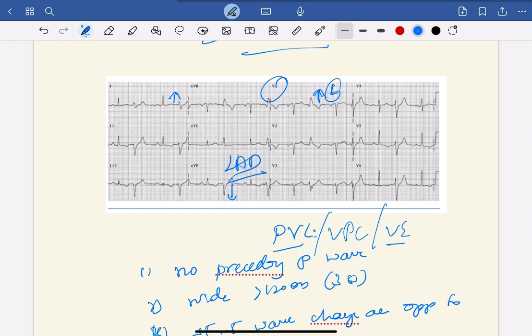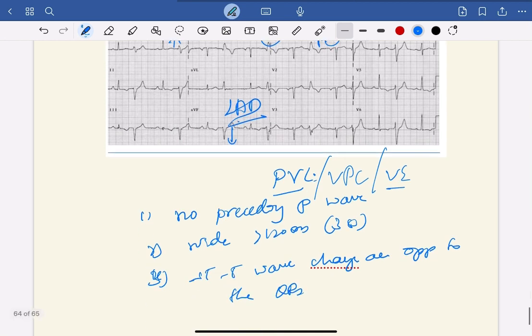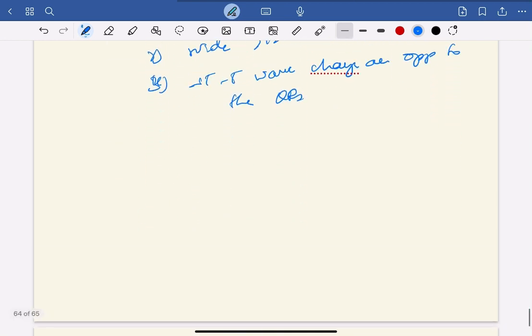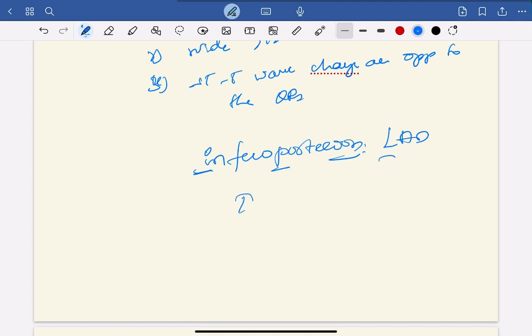So when it is on the left side with left axis deviation, the position of the foci is inferior posterior. So how to remember? Inferior posterior has left axis deviation, IPL. So IPL is the mnemonic.